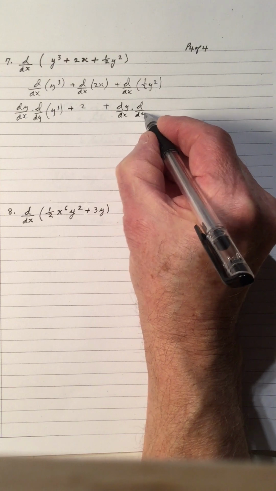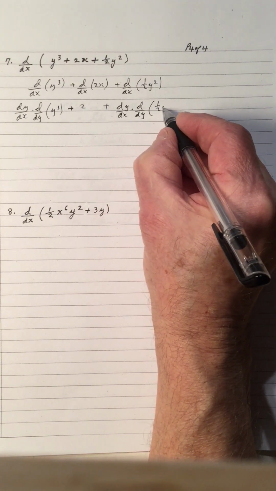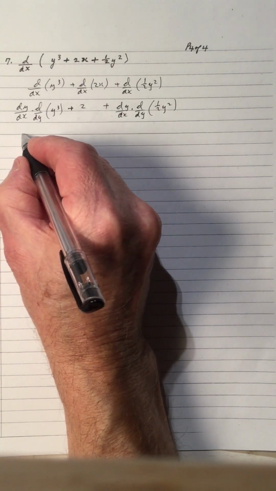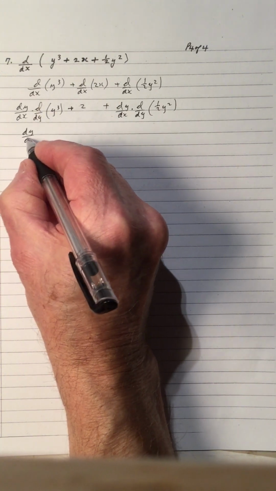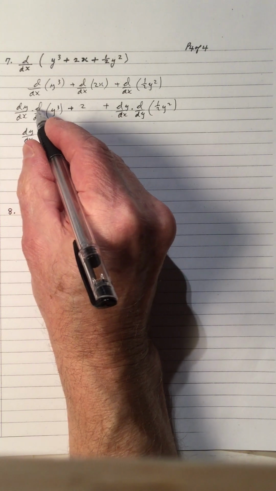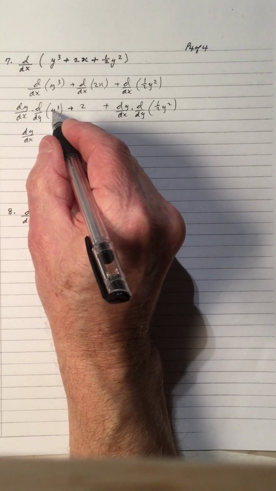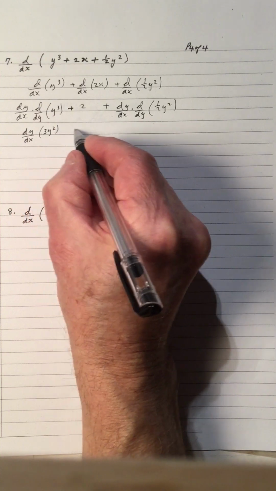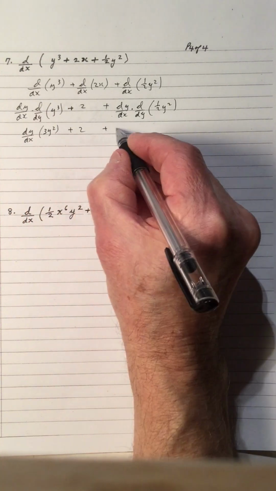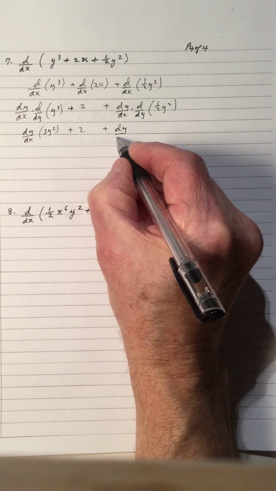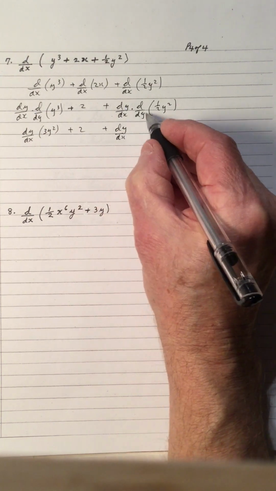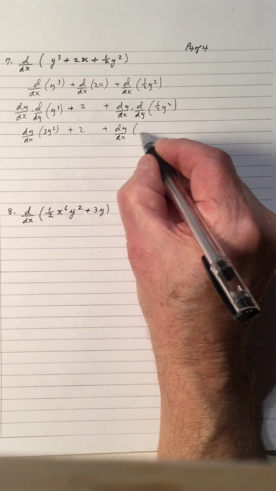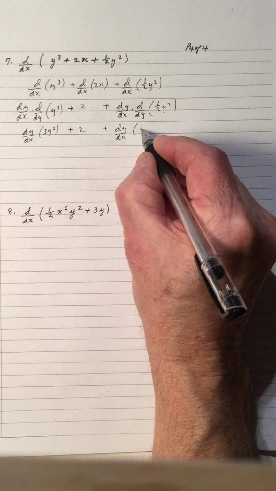d over dy. And so this is dy/dx. So d/dy of y cubed is 3y squared plus 2. And this is dy/dx. And d/dy of 1/2 y squared, 1/2 times 2 is 1, so that's just a y.